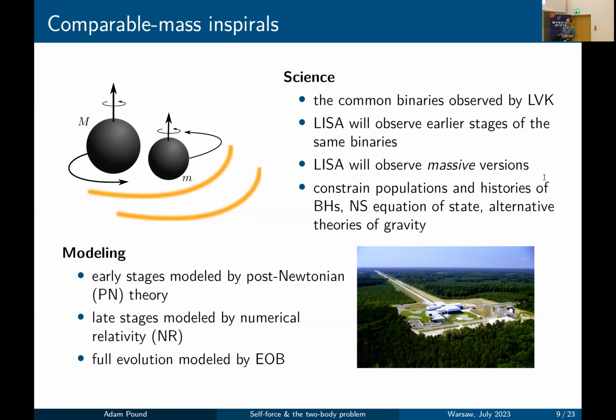There's also other kinds of things like surrogate models. So surrogate models just take a lot of numerical relativity waveforms and basically just construct a complicated fit of that data. And the other main way of generating complete models that go from early inspiral through merger through ringdown is called phenomenological models.